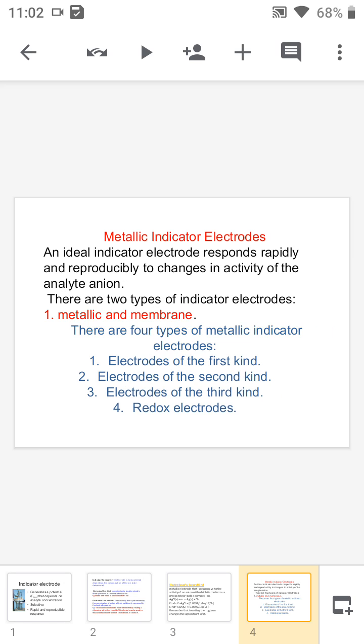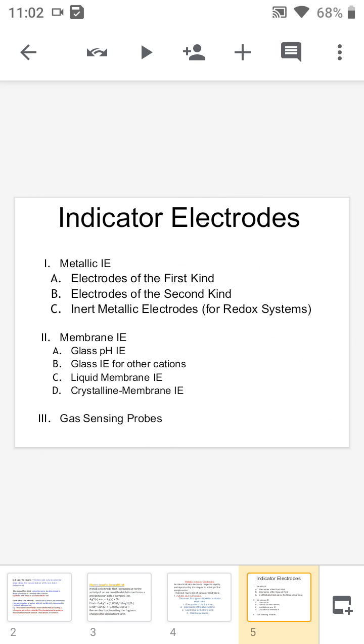An indicator electrode responds readily and reproducibly to changes in activity of the analyte ion, and we can divide indicator electrodes in another way, that is, metallic and membrane electrodes. Metallic indicator electrodes are usually of the first kind or second kind, or an inert metallic electrode can be used, or a redox system can be used as a metallic indicator electrode.